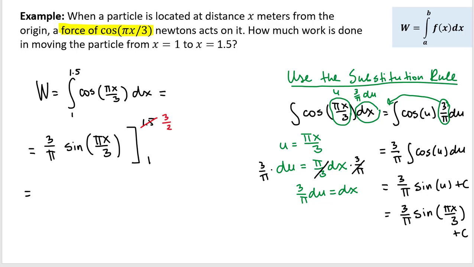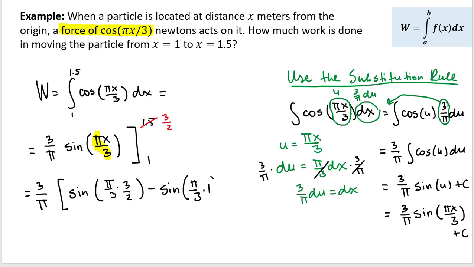That means I have 3 over pi. I'll still keep it outside. Then sine of, I write it like that, pi over 3. That's this part. Times, well, x is 3 over 2. Like that. And then minus sine of pi over 3 times, and I'm plugging in 1, the lower limit of 1 times 1.